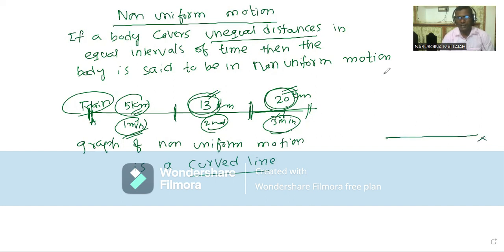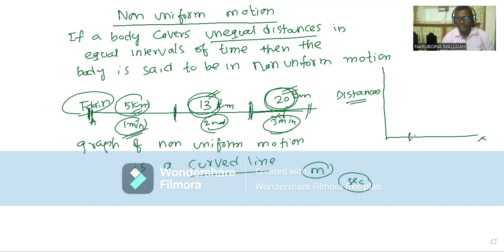Time. On the y-axis, we take distance. Generally, we use meters for distance and seconds for time, according to the SI system. That's why in your book you are given seconds and meters, not kilometers and hours. For understanding, I can take anything.